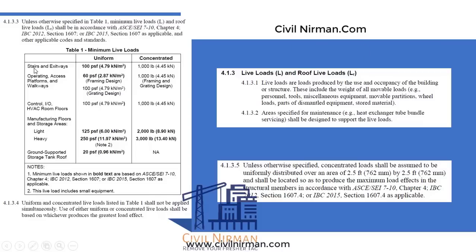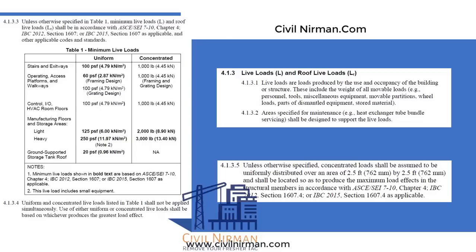Generally in stairs and exit ways, we consider an area load of 5 kN per meter square. That is a little bit more than required, but that's just a round figure that we generally follow. For operating platforms, again we go with a 5 kN per meter square loading.